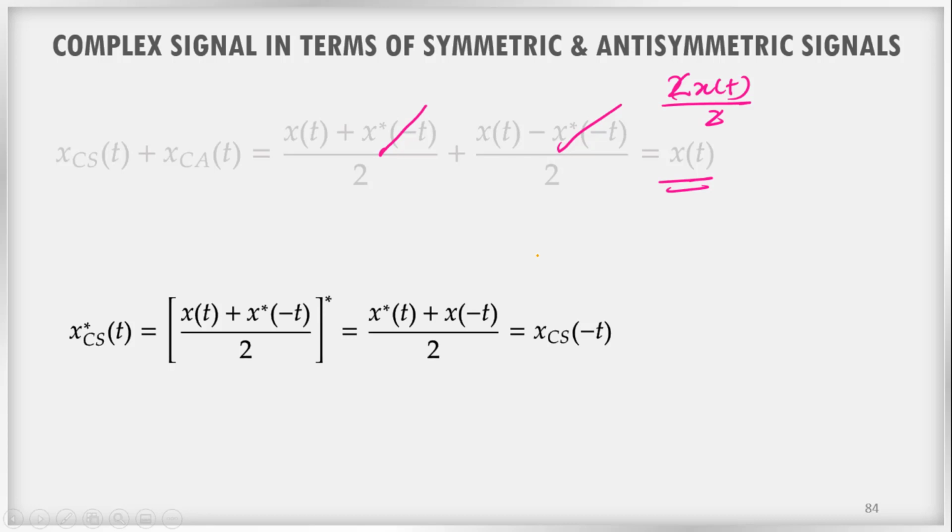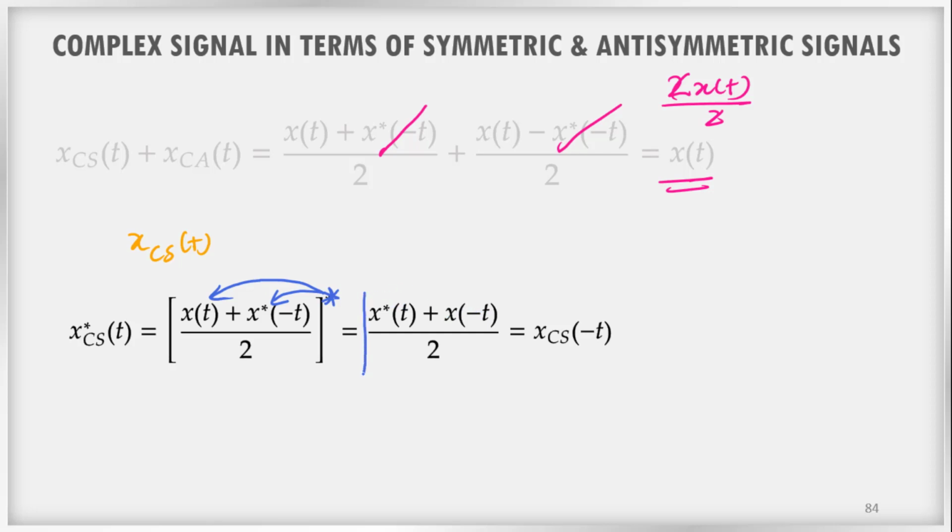Now consider conjugating our signal XCS of t. We know that the complex conjugate of a sum of two complex numbers is equal to the sum of the complex conjugates, so we can take the complex conjugation inside. You will get x asterisk of t plus x of minus t.